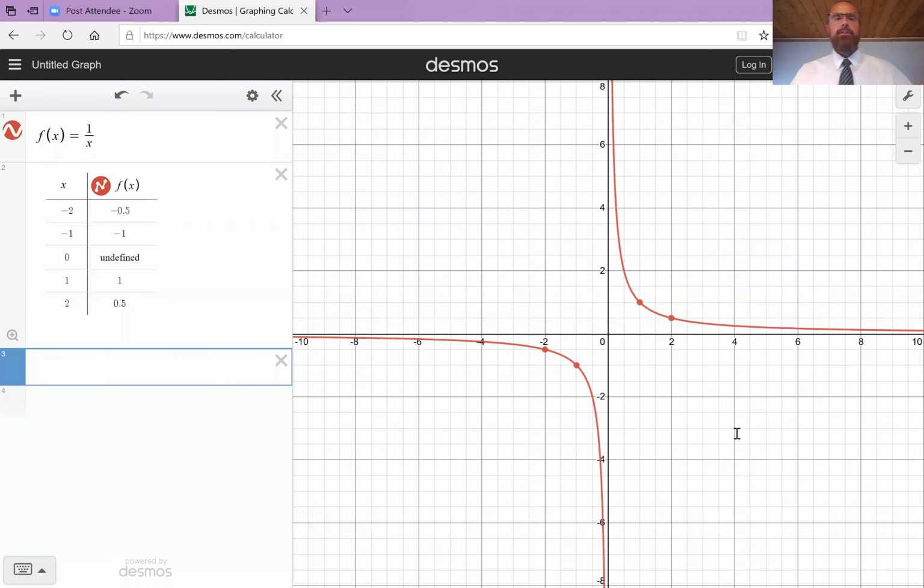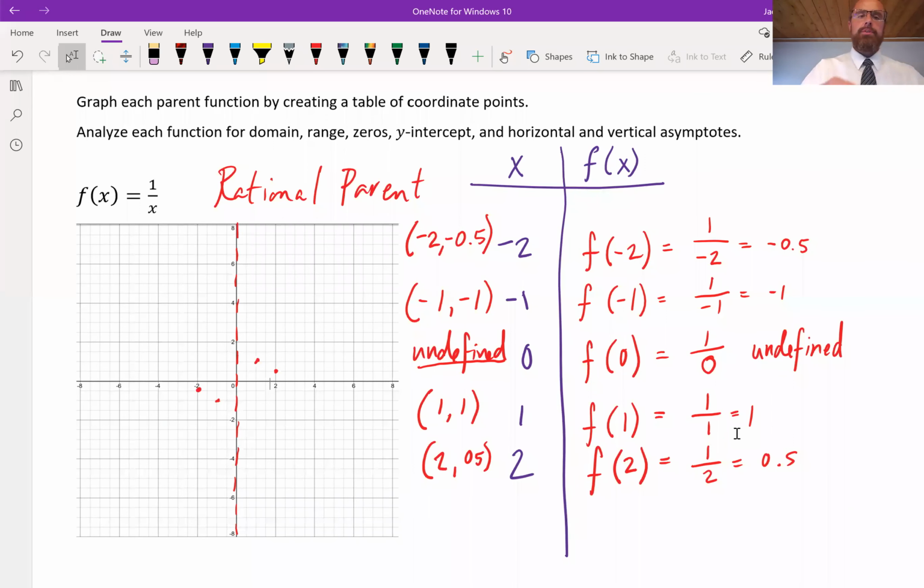And I'm going to sketch in that graph based on what we saw on the Desmos graphing calculator. So I'm going to sketch in a horizontal asymptote on the x-axis. And then I'm going to sketch the actual graph here starting in quadrant 3. So the graph starts over here on the horizontal asymptote and then veers down and follows the vertical asymptote.